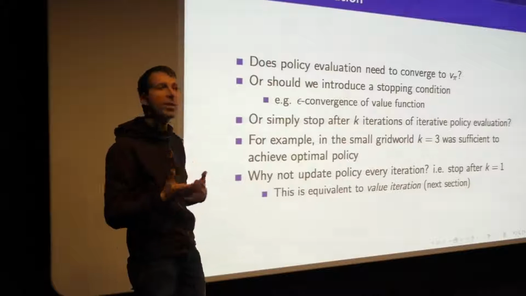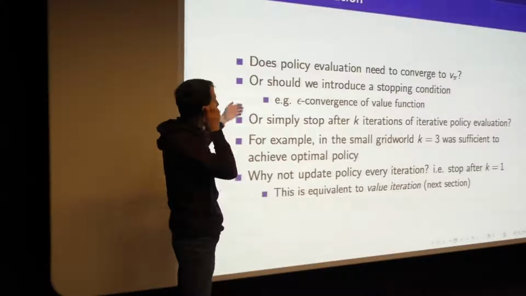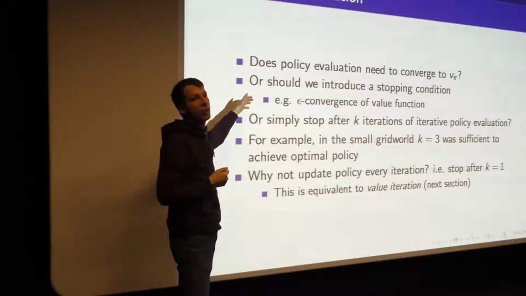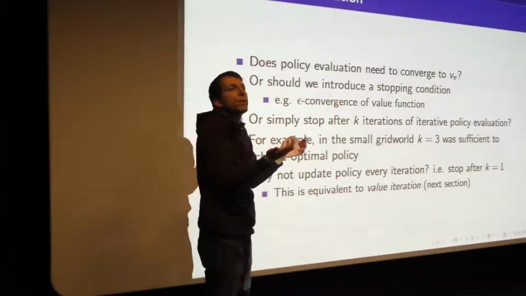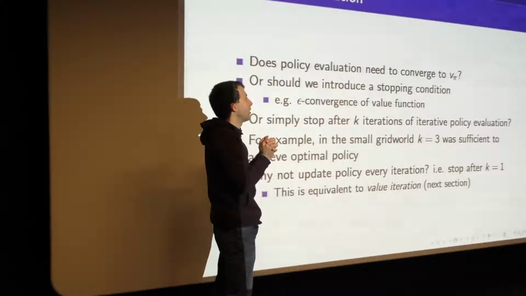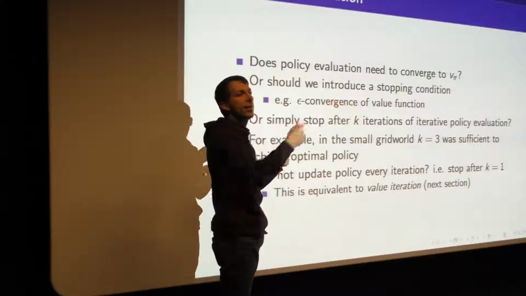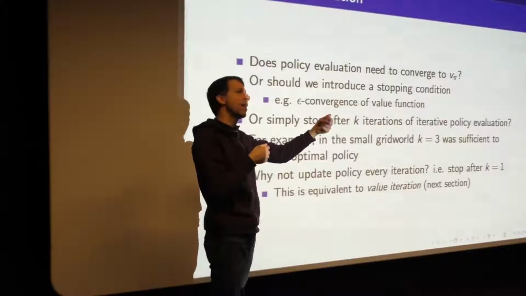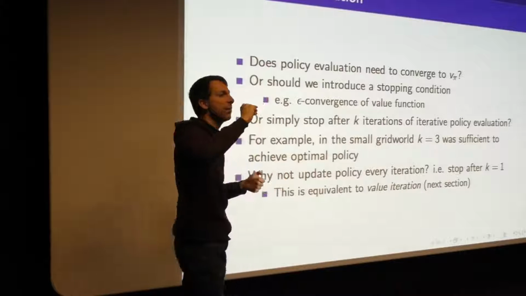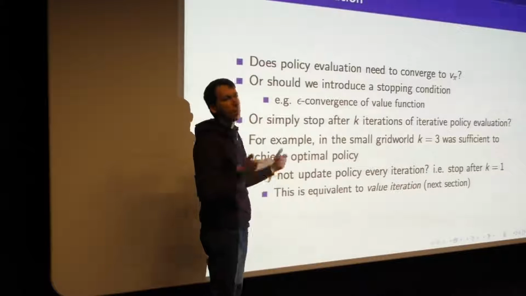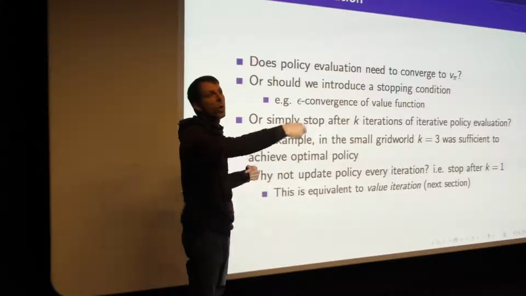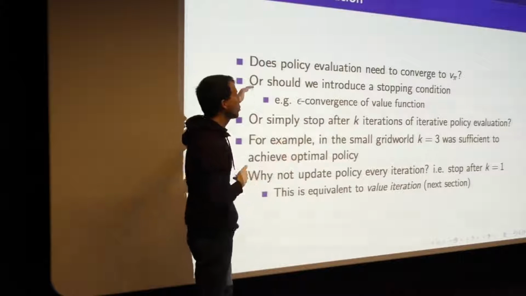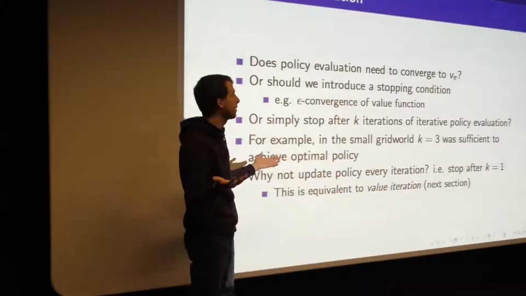There are two ways you can think of this. One thing you can do is have a stopping condition where you get close enough to the value function you care about. You could look at your Bellman error, at how much your Bellman updates are changing the value function. When they are only changing it by some tiny amount epsilon, then you can just stop. You don't need to get every decimal place perfectly right. You can choose when to stop and apply your policy improvement.